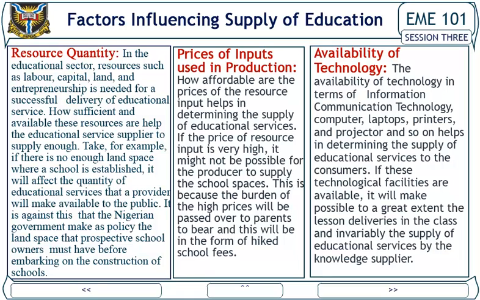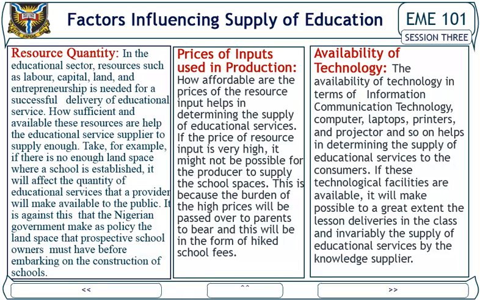Factors influencing supply of education. Resource quantity. In the educational sector, resources such as labor, capital, land, and entrepreneurship are needed for successful delivery of educational service. How sufficient and available these resources are helps the educational service supplier to supply enough.